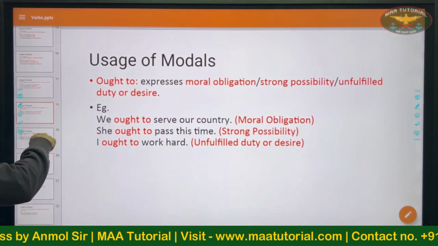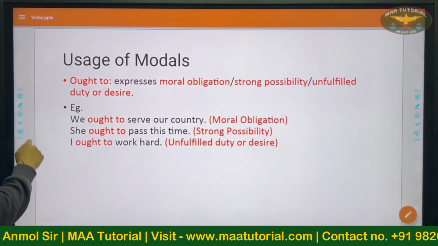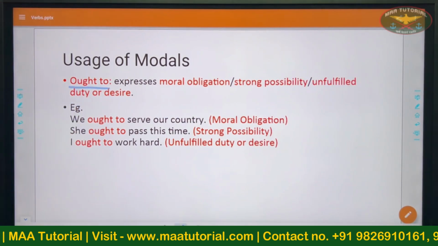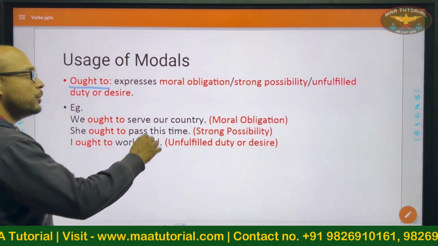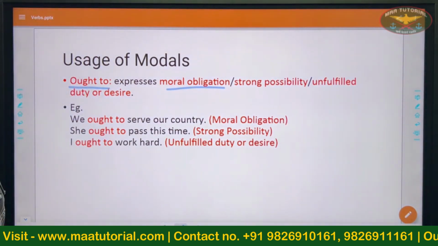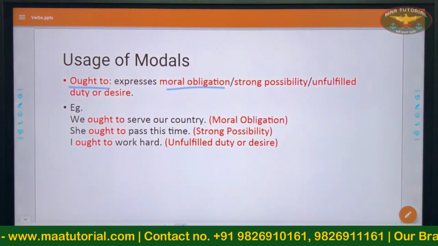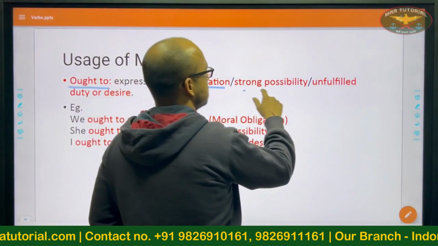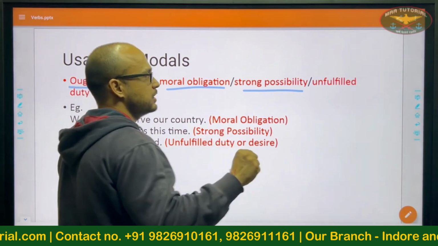Our next modal. Ought to. It talks about moral obligation now. Morality. What is right, what is wrong, what is good, what is bad. These are things that our morality decides. Strong possibility. Strong possibility of something.